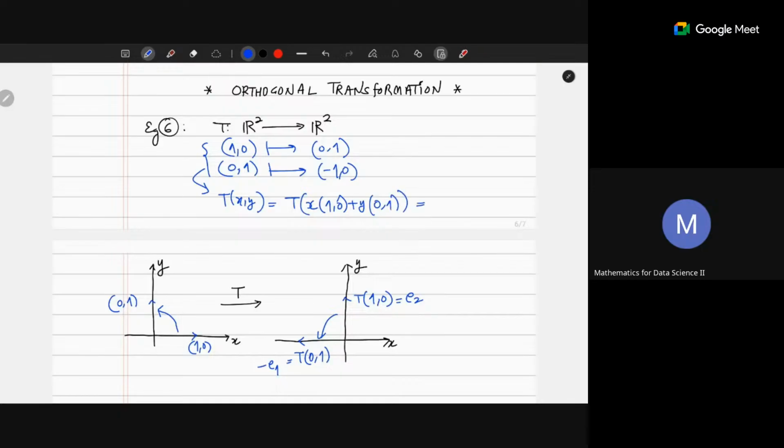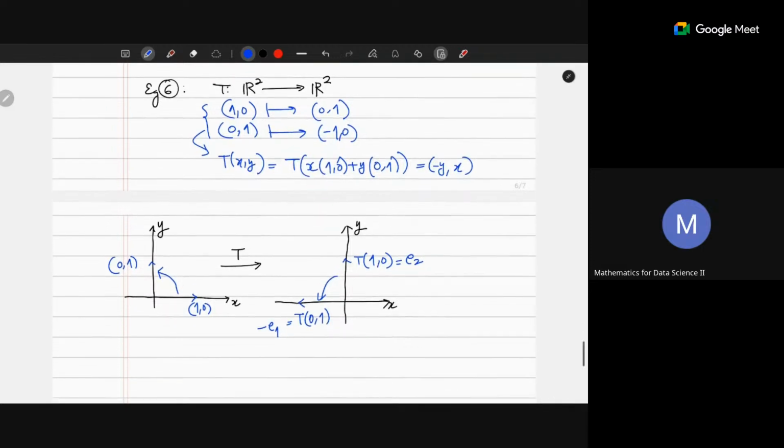Now use the linearity property of T: x times (0, 1) plus y times (-1, 0). And what does that give you? What is the final answer? It is going to be (-y, x). So this is what this map is: (x, y) going to (-y, x).